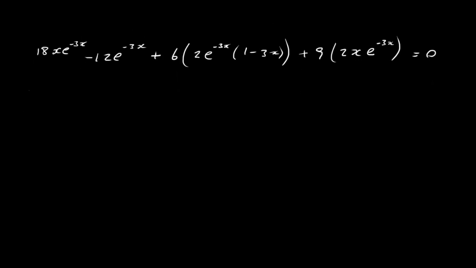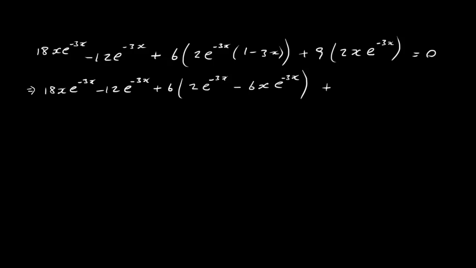So here we have 18x e to the power of minus 3x minus 12e to the power of minus 3x. Here we've got plus 6 times, let me just multiply this out here first. We've got a 2e to the power of minus 3x minus 6x e to the power of minus 3x plus, and here we've got 2 9s, 18x e to the power of minus 3x equal to 0.